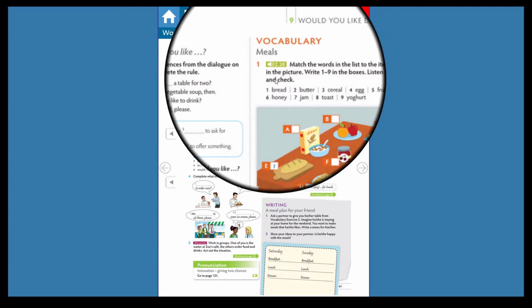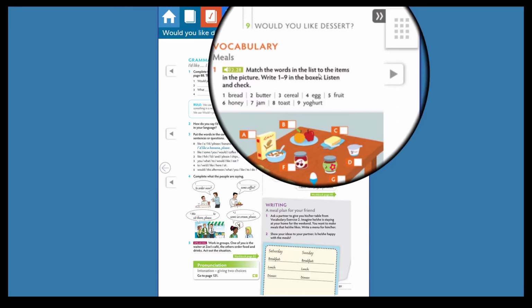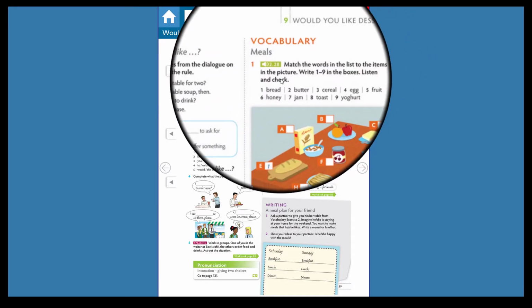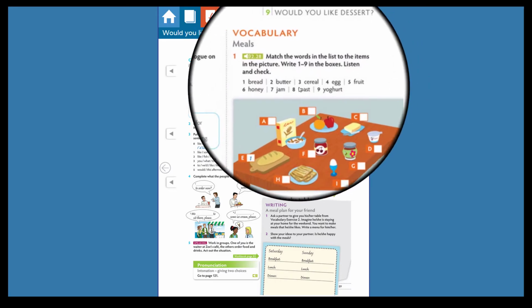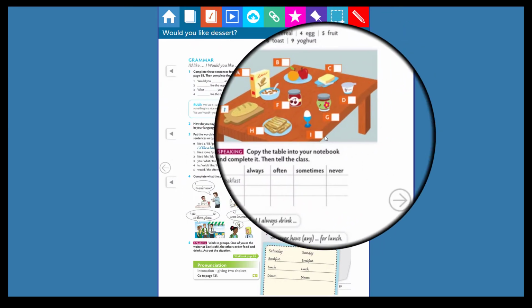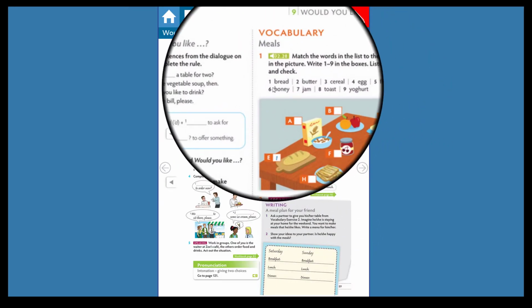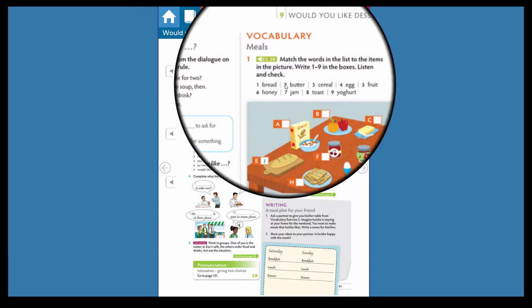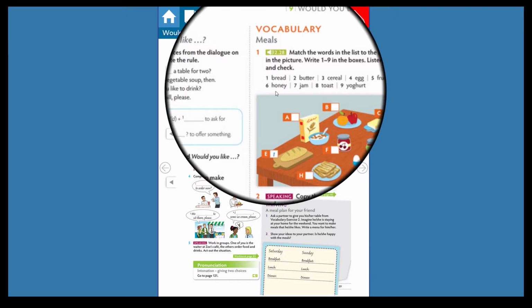Okay, so let's start with activity 1. Match the words in the list to the items in the picture. Write 1 to 9 in the boxes, okay? So here we have a table with different kinds of food, and the idea is that you match the word with the picture. It is very easy.